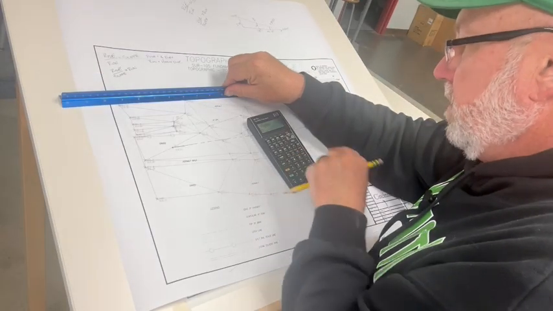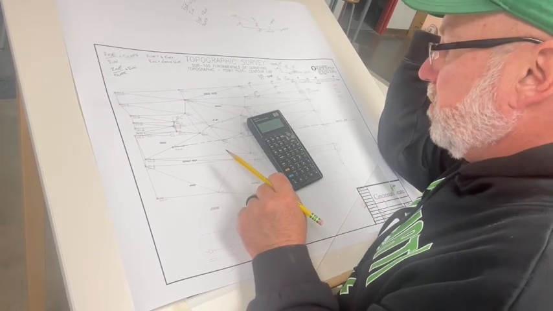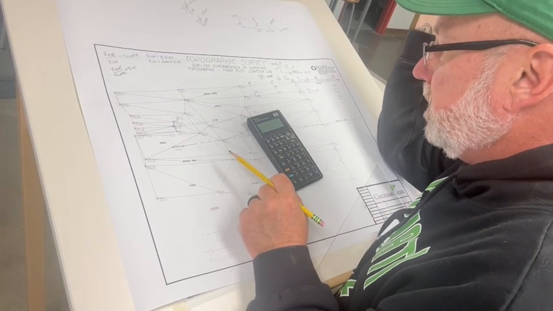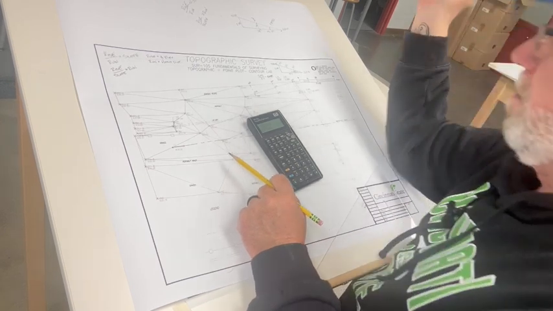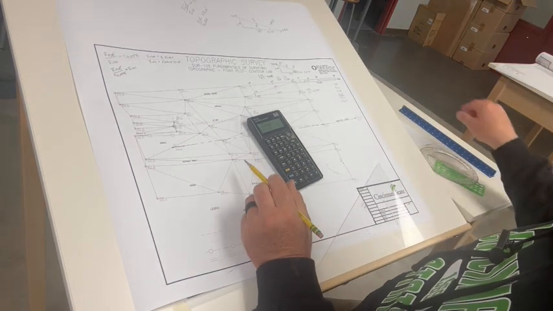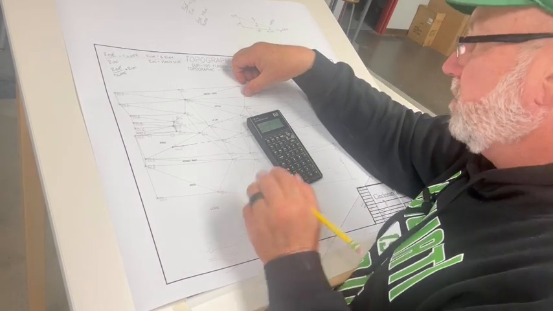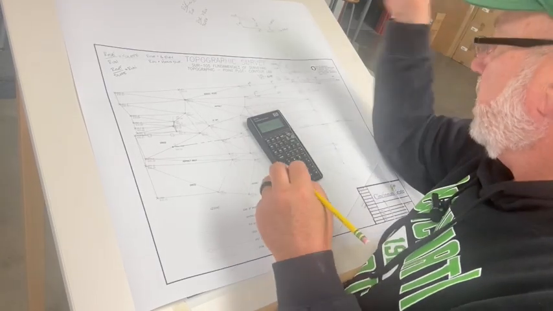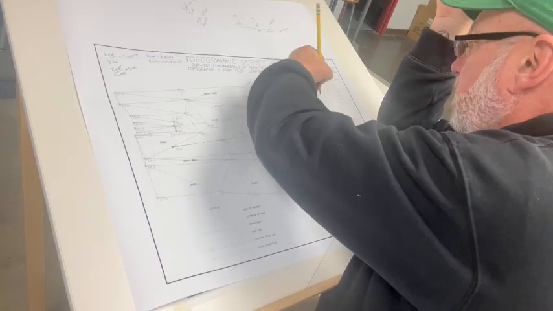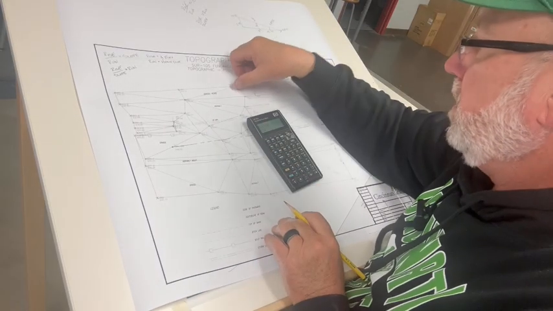So I'll divide that. I'm coming up with 0.087. So 930 would be the next one we solve for. I'll write that one down somewhere. 0.0871.